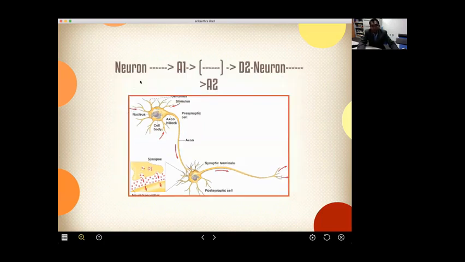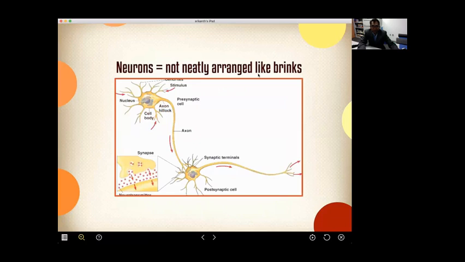So axon 1, information goes to the neuron 2 through dendrites, and there is some space right here. This space between one neuron and the other neuron is called the synapse. Because neurons are not arranged like bricks in a wall, there is no direct connection between any two given connected neurons.